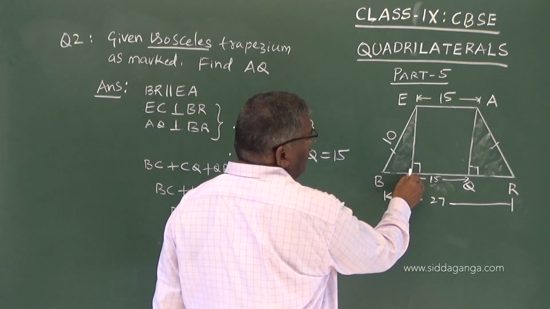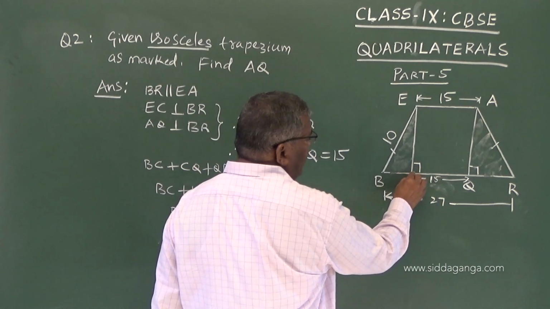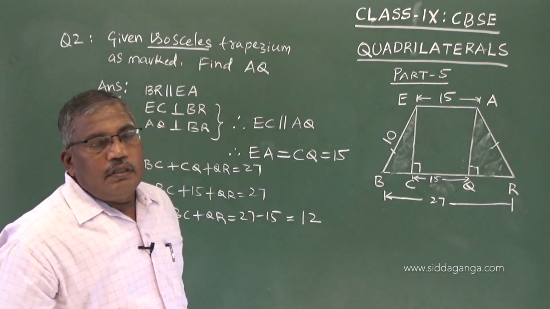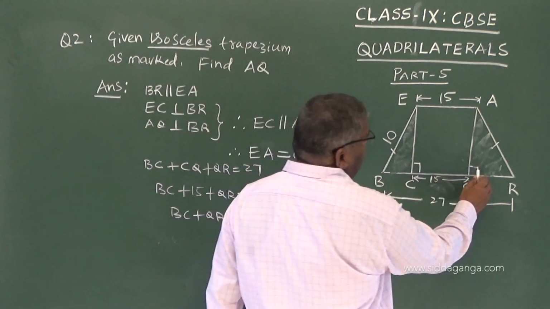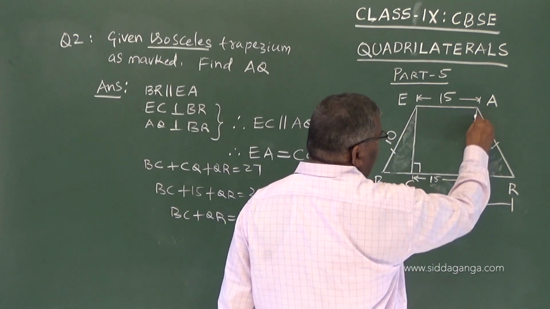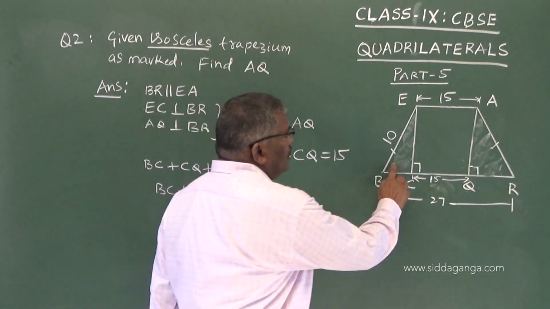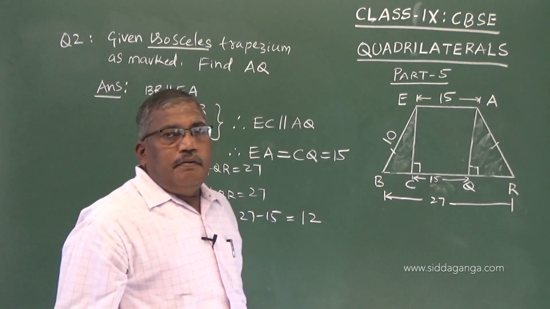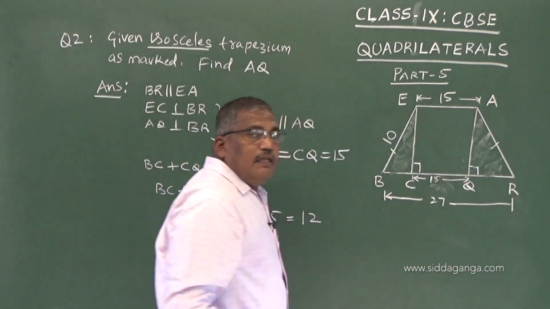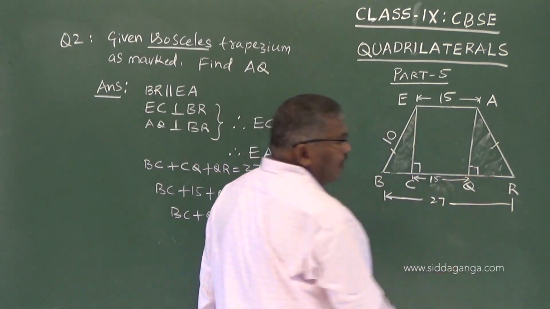So that means the right angle, hypotenuse and a side of this triangle are equal to the right angle, hypotenuse and a side of this triangle. Therefore these two are congruent. When they are congruent, the corresponding sides BC and QR are equal.